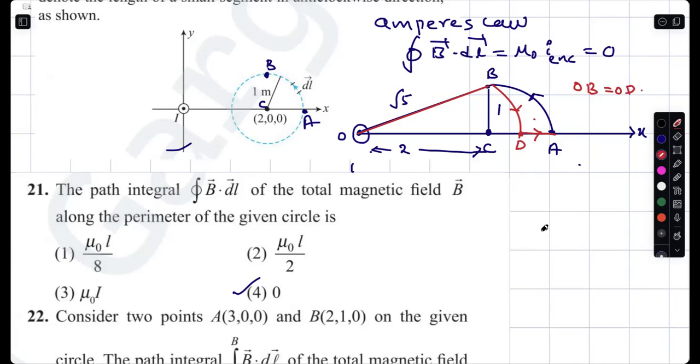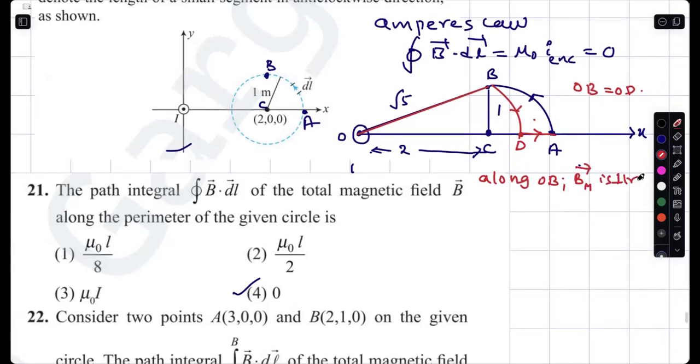Okay, if you notice, along OB the magnetic field B is perpendicular. Yes or no? So therefore, all that is perpendicular. Right.